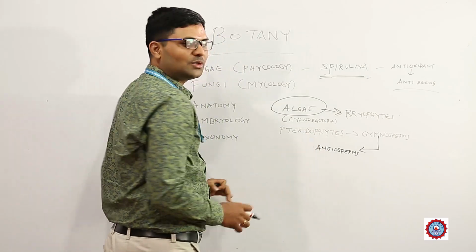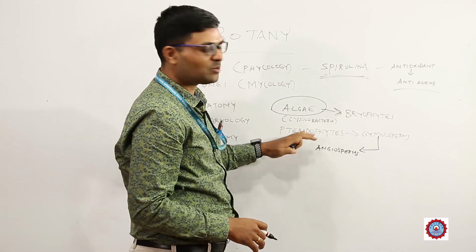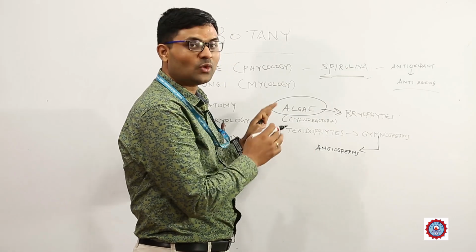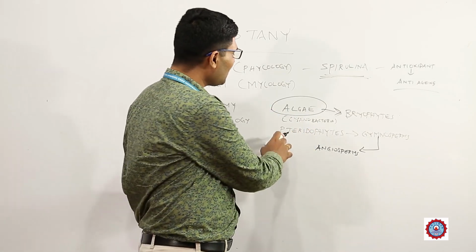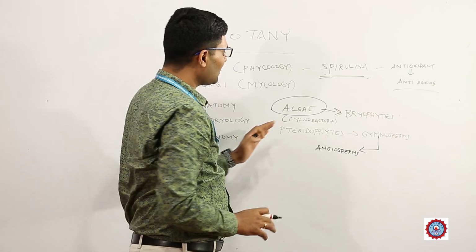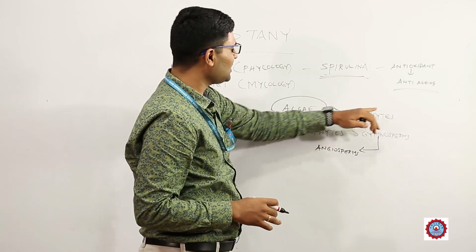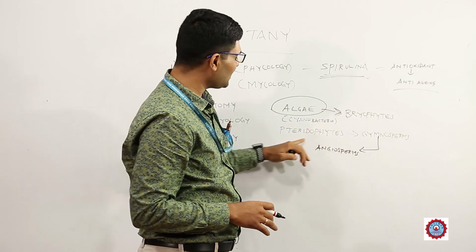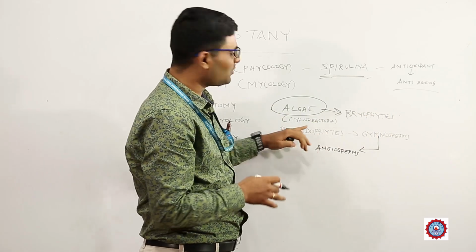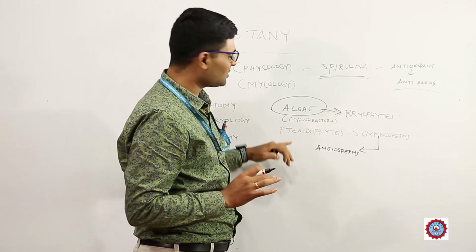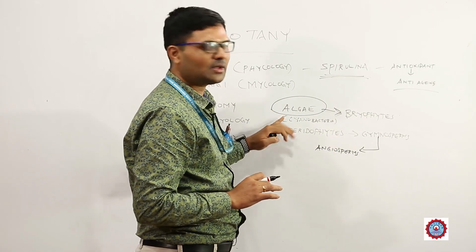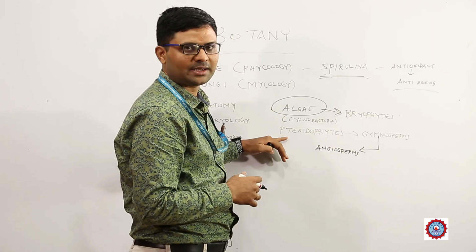They are also land plants, but here we call them vascular cryptogams, right? There is a whole lot of difference from bryophytes to pteridophytes because there is a shift. Pteridophytes also need water, but for certain purposes. Otherwise, they can survive in a terrestrial area.